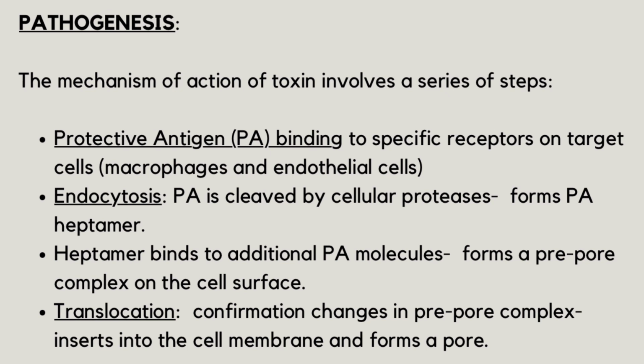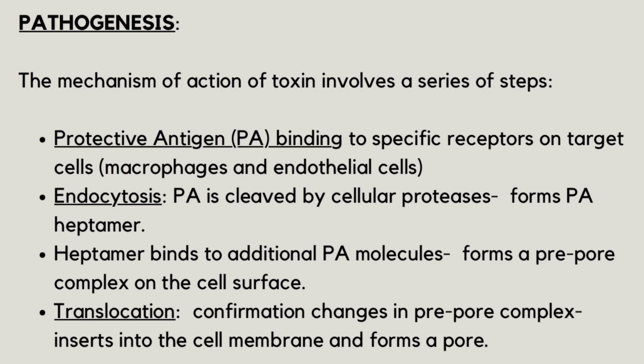Pathogenesis. The mechanism of action of the toxin involves a series of steps. So we said that the protective antigen factor is a receptor binding protein, right? So the first step is protective antigen binding to specific receptors on the surface of target cells such as macrophages and endothelial cells.